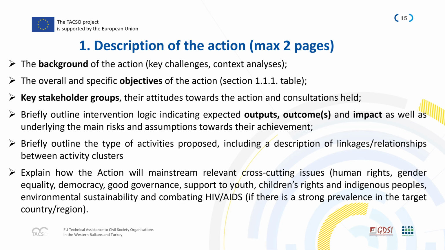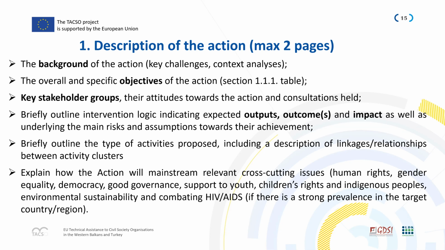Who are the stakeholders important for your action? What is their attitude toward the action, either positive or negative? And have you been in contact with them? In practice, very often actions are planning to cooperate during implementation or to target, for example, some institutions.